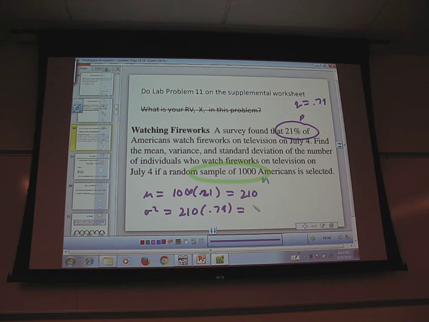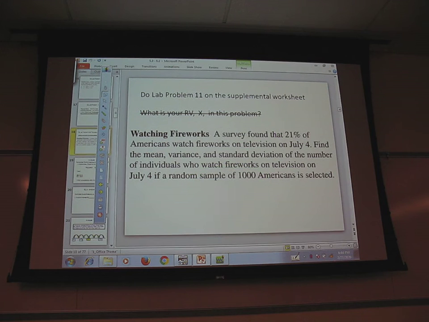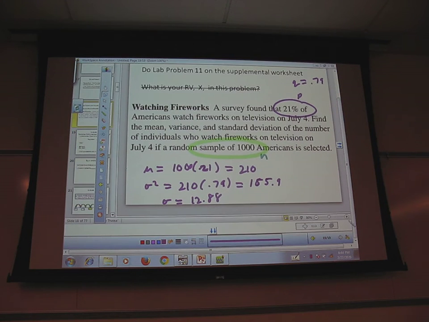What'd you guys get? 165.9. And then my standard deviation would be 12.88. Okay, 12.9, something like that. All right, great. What answer would you want? 0.88 or 0.9? I'm not really going to be that picky about that.